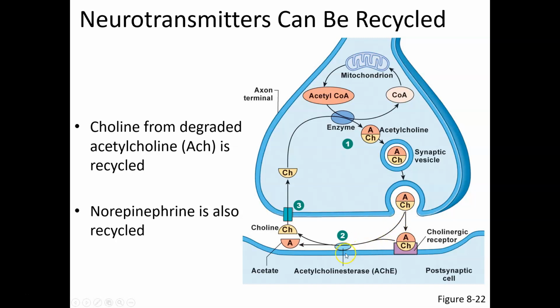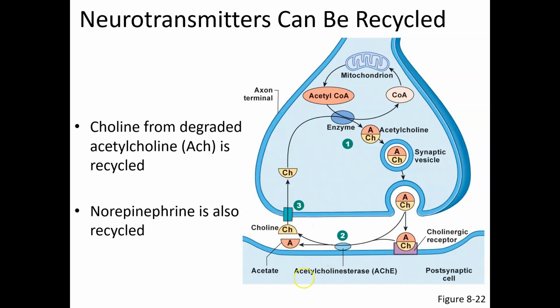That enzyme I mentioned before, acetylcholine esterase down here, can take the acetylcholine and inactivate it by basically chopping it in half, and now we're left with an acetate molecule and a choline molecule. Since the acetate molecule, if you just put a coenzyme A on it, becomes acetyl coenzyme A, that's pretty common in the cell. We don't really need to worry about recycling it or taking it back in.